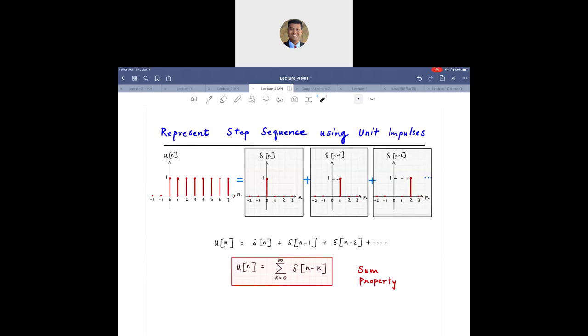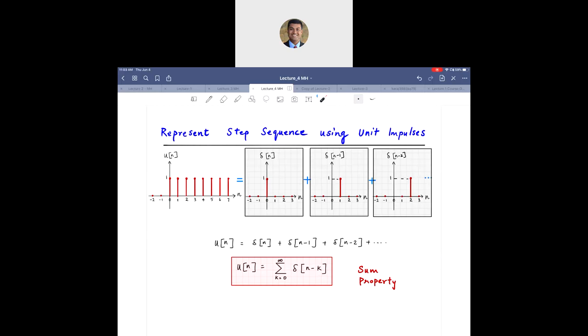Hence, our next slide. Represent the step sequence using unit impulses, or the Kronecker delta functions, delta of n's. How can I represent this u of n using delta of n's? Well, all I need to do is add delta of n plus 1 delta of n minus 1 plus 1 delta of n minus 2 and so on. So I keep shifting delta of n right by 1, and all I have to do is add everything up.